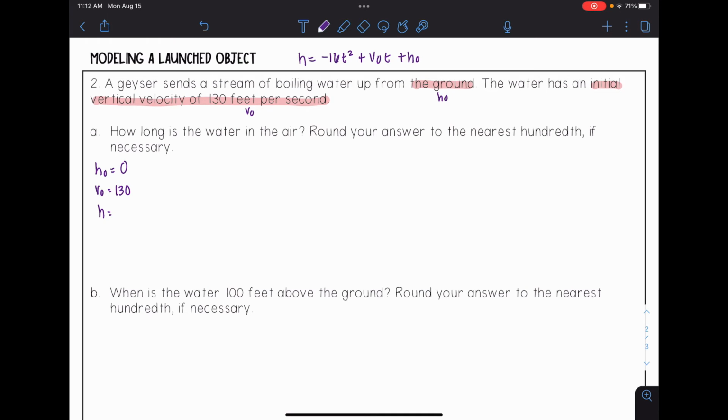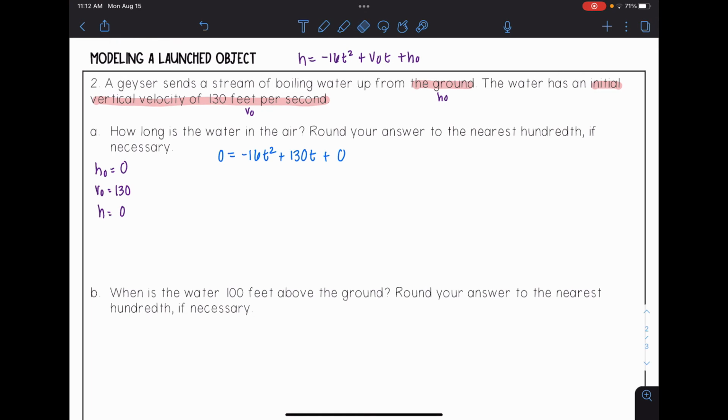The first question asks how long is the water in the air? So we're looking at the full thing, and so it shoots up from the ground and then comes back to the ground. And so my ending height is also 0. And so plugging that into my function here, I have that 0 is equal to negative 16t squared plus v naught, which is 130t, plus h naught, which is 0.